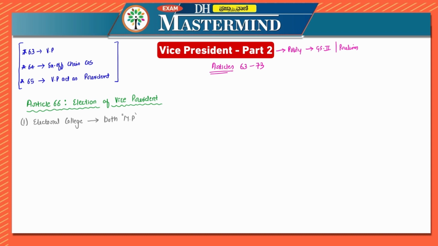I'll write it as members of both houses of parliament. In this context, both houses means Lok Sabha and Rajya Sabha. They are saying that the Vice President shall be elected by members of an Electoral College that shall consist of members of both Houses of Parliament.